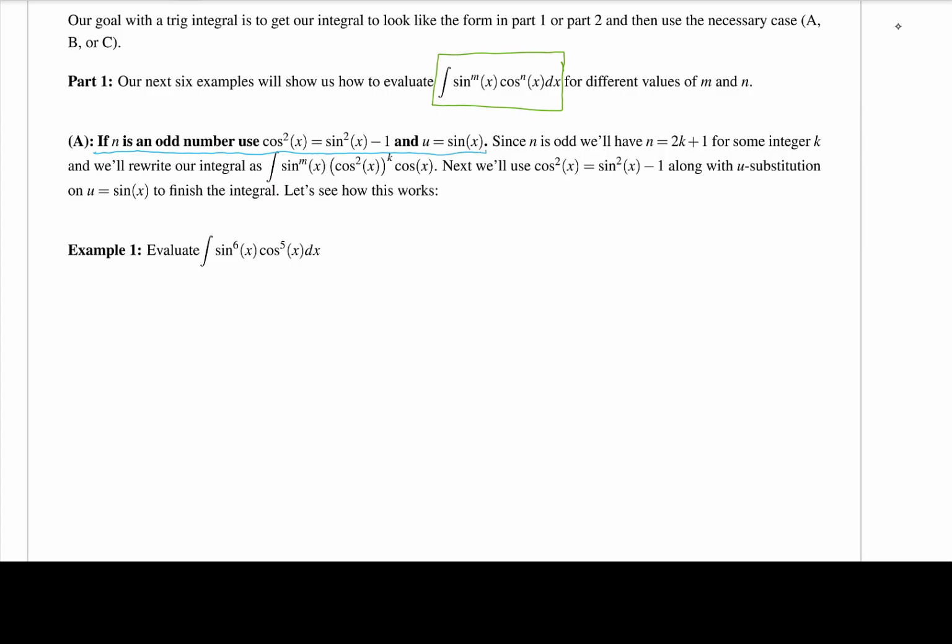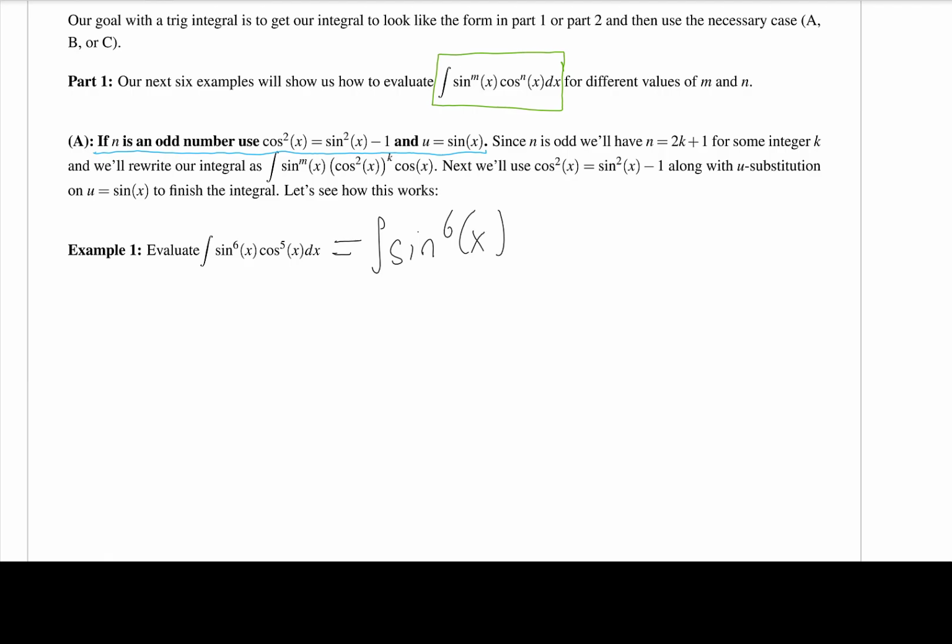So basically what this is saying is that if we have something like sine to some power times cosine to some power, if cosine has an odd power, then we'll want to rewrite cosine squared of x equals sine squared of x minus 1. And the way we're going to do that is that we're first going to break this apart a little bit. So we'll keep sine the same.